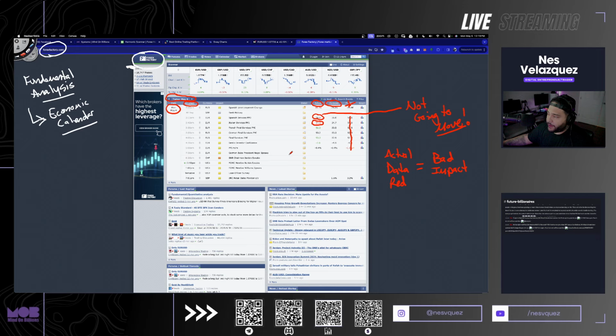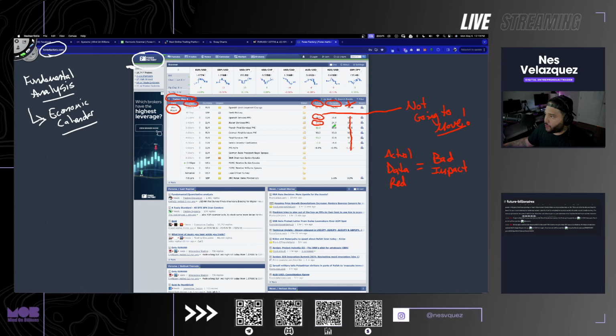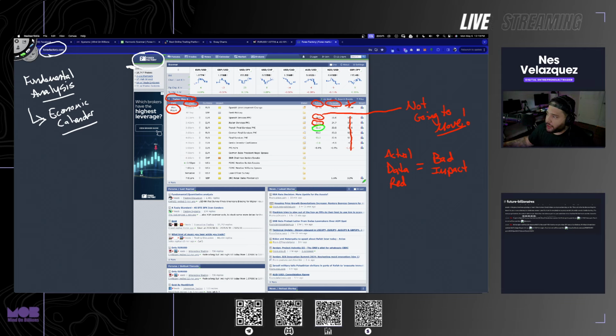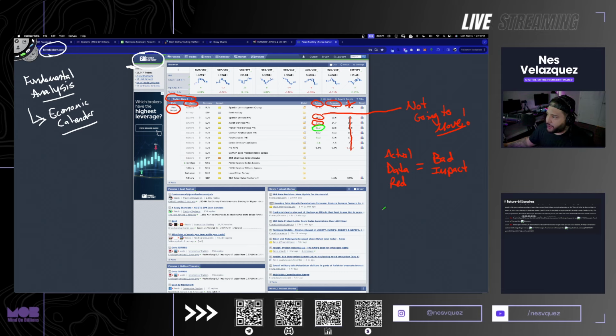Okay? Now, when you see that the economic data is green, okay, so when the data actually releases at this time and you see the actual data is green, this means it's good for that currency.